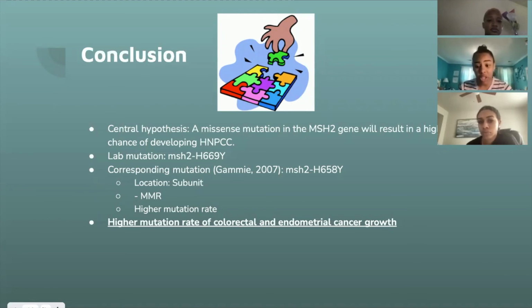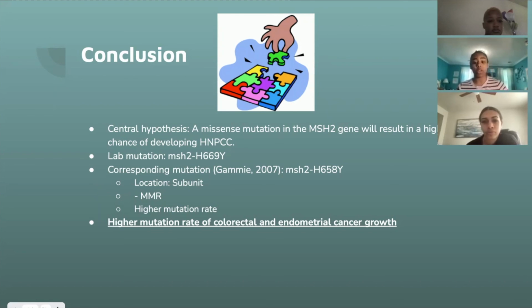Within this mutation, we were able to subtract 11 base pairs that corresponded to a paper in 2007 written by Gammie. This corresponded to the mutation of MSH2 H658Y, and this was located in the subunit. And within this paper, it provided a lot of information regarding that.